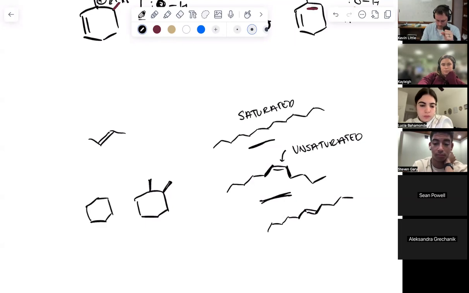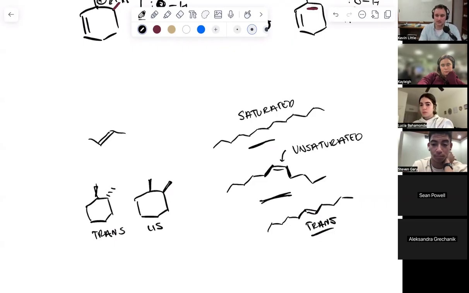Is it cis? Remember, this is trans and this is cis. So this would be a cis unsaturated, and this would be a trans unsaturated. So if you ever heard of a trans fat, that's what that is.